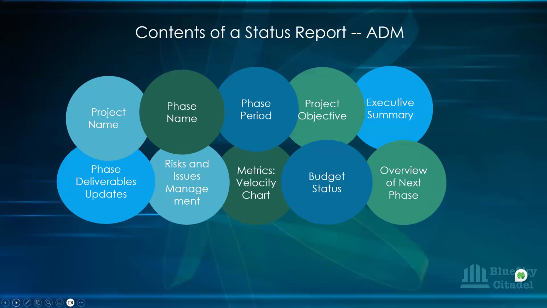Okay, so also you're able to give them the phase deliverable update. I did say that you will make mention of key accomplishments. So in the phase deliverables, you're able to make mention of what has been done. What was the objective? What are the deliverables that came out of that objective? If the objective for a particular phase is to create the payment gateway, what are the things that have been done?